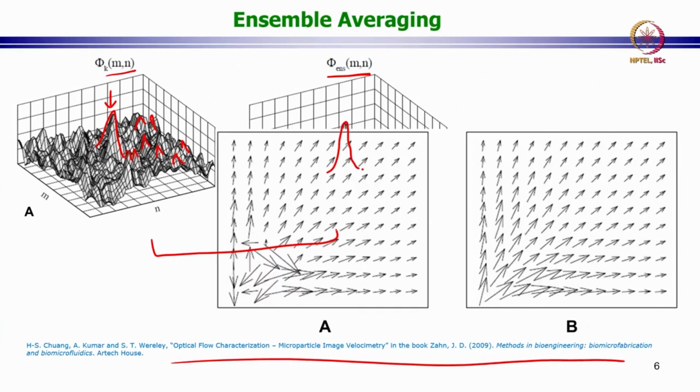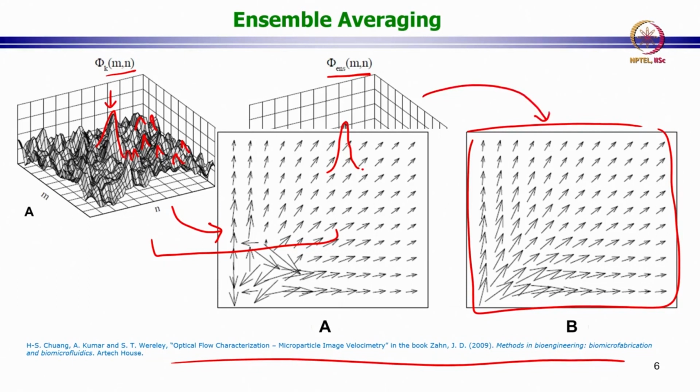And you can use this now to evaluate an image pair. So for example, this velocity field is gotten from the correlation calculation on the left, whereas this velocity diagram is a result of the ensemble averaged correlation. So you can see here there are a lot of vectors which are spurious vectors, right?